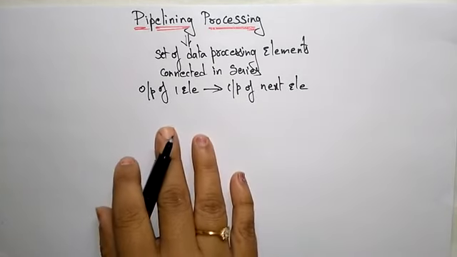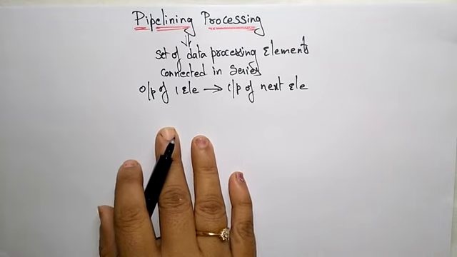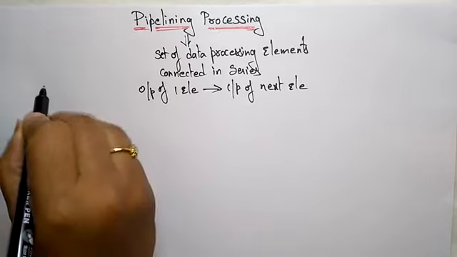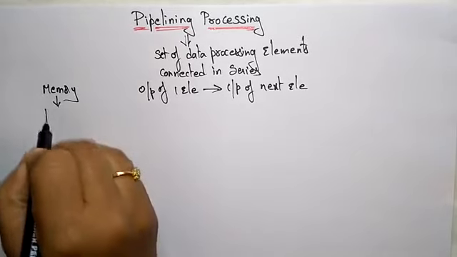Before going to know about the pipelining process, let us see how the program is executed in the form of pipelining. A program will be present in memory, so we have to fetch that program from memory.